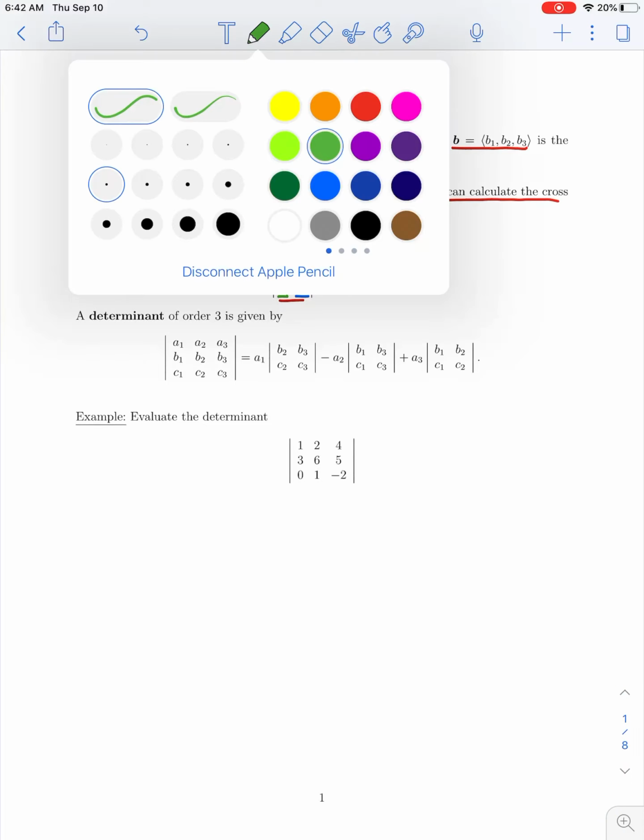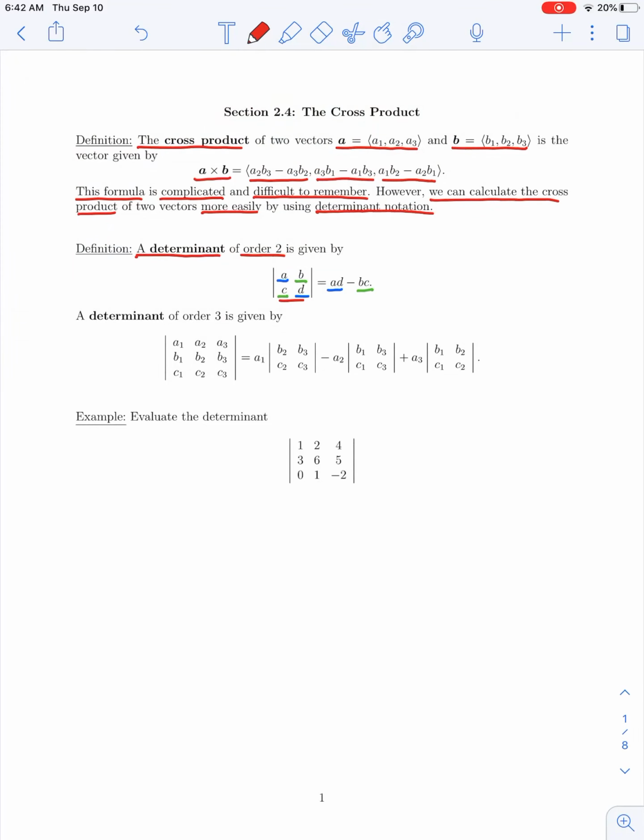Now, we could extend this concept of a determinant to a determinant of order 3, or the determinant of a 3x3 matrix, which is a matrix which would have 3 rows and 3 columns. So let's consider this matrix whose first row is A1, A2, A3, second row B1, B2, B3, and third row is C1, C2, C3.